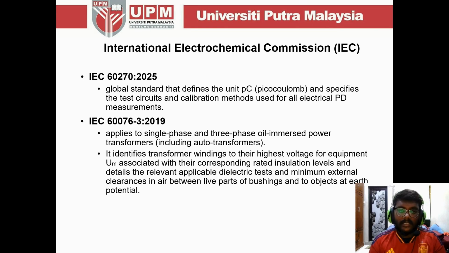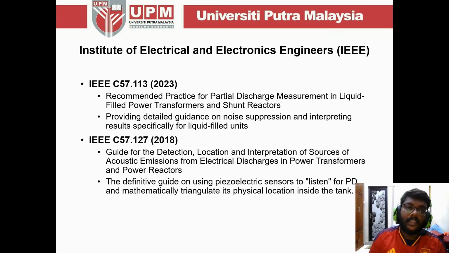And also there is IEC 60076. It is to identify transformer windings to the highest voltage of the equipment associated with the corresponding rated insulation levels. And this is applicable for single phase transformers and also three phase transformers. Next, I would like to move on with the IEEE. IEEE C57.113 is the recommended practice for partial discharge measurement in liquid filled transformers.